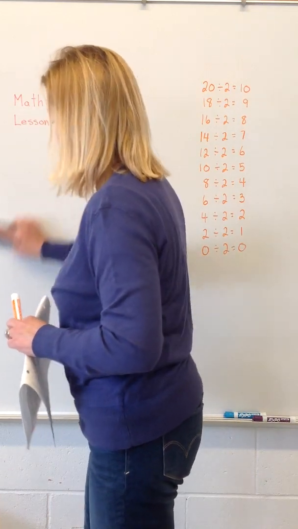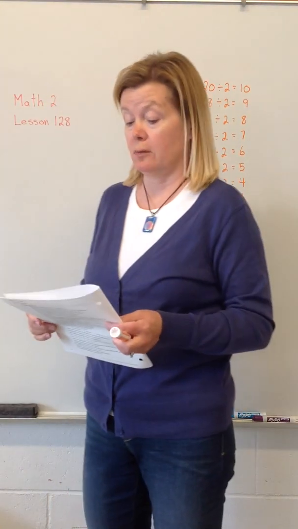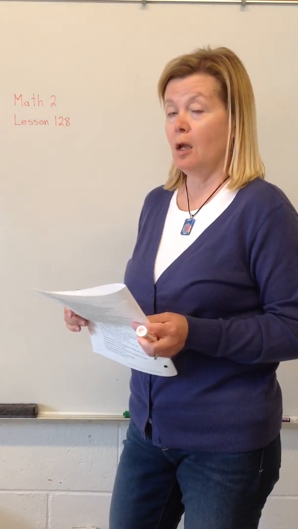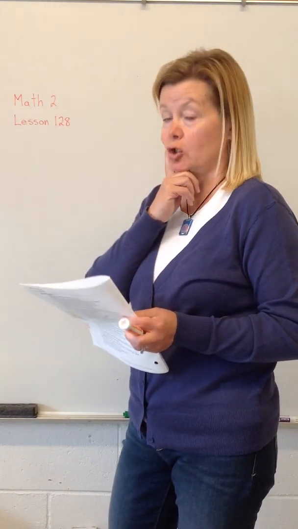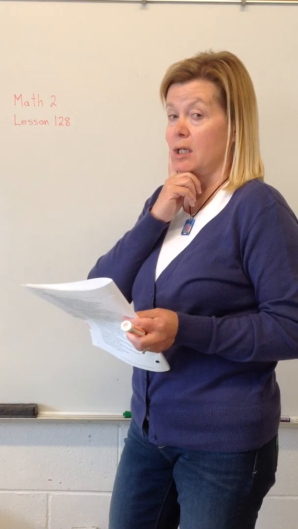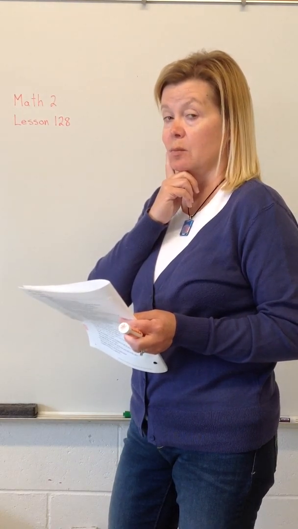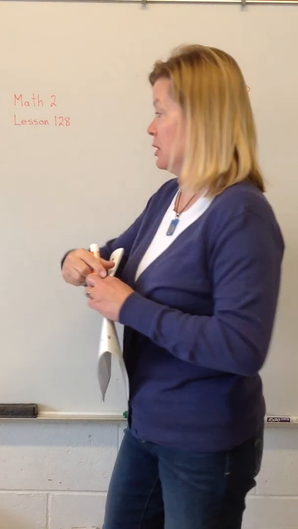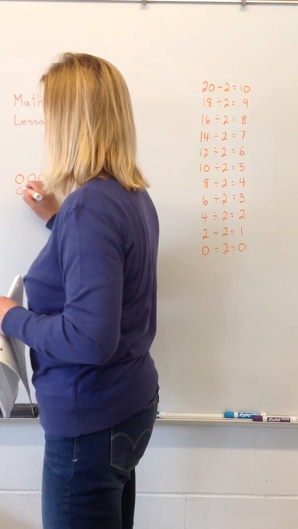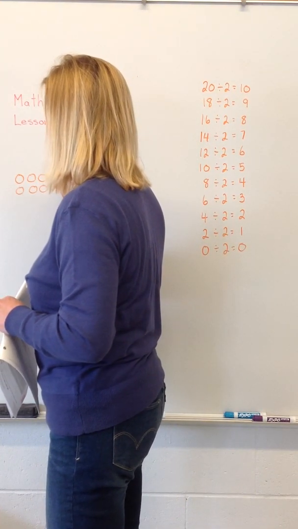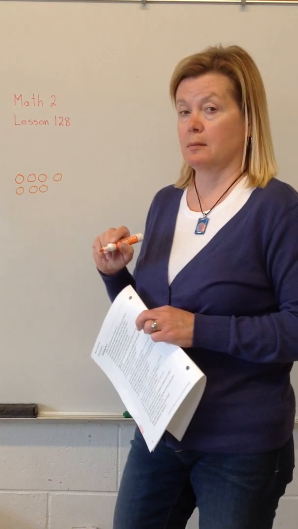All right, now I have a trick question for you. What if I had 7 children and they needed to be on 2 different teams? What would happen? And there are the 7 children.